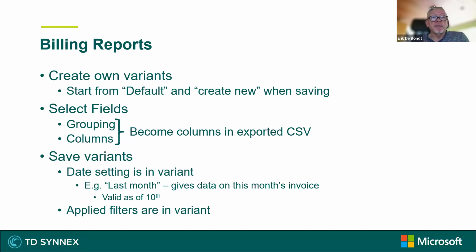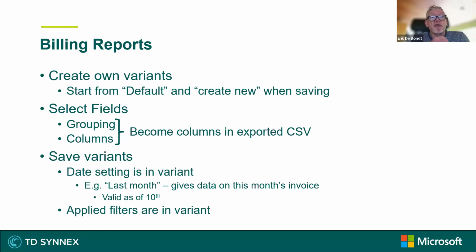The date setting is kept in the variant. For instance, if you say last month and you open the report now, you get the data out of March. If you open the report next month, you get the data out of April, without you having to select each time which month it is. So the setting last month will always refer back to the previous month, 2 months ago to 2 months ago, and so on.